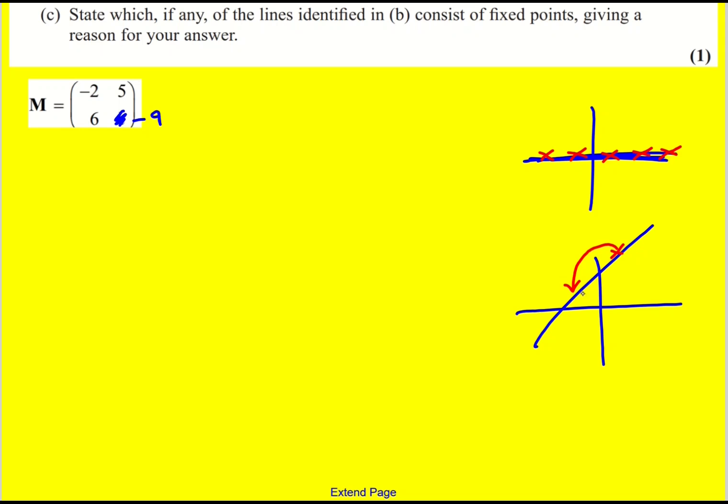They might swap around, or they might just go all over the place. But that is what we mean by an invariant line. And just to say again, a line of invariant points is an example of an invariant line, but there are other situations where they will actually move, and so you'll get other lines.